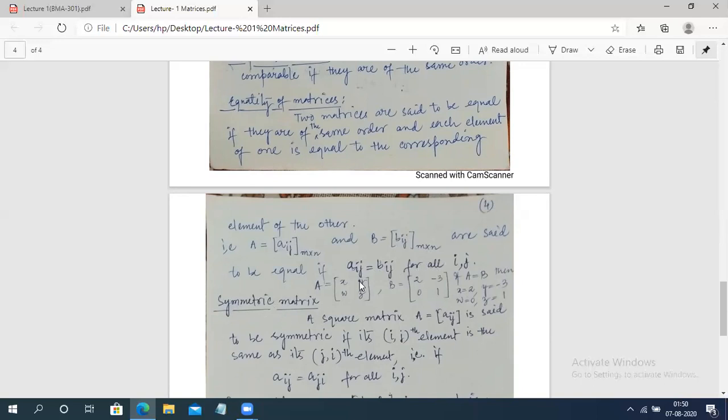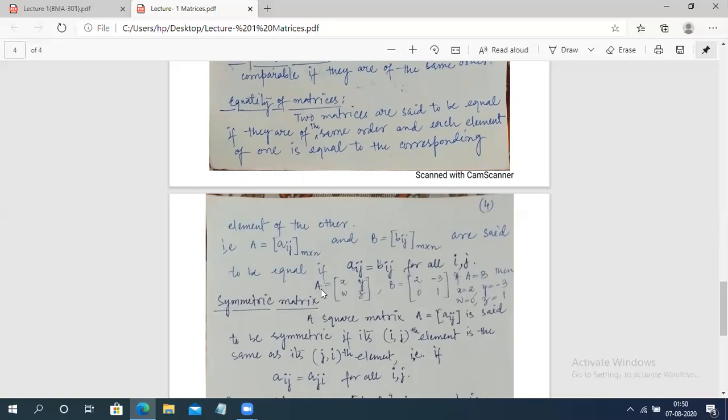For example, if A is a matrix of order 2 by 2, with elements x, y, w, z, and B is another matrix of the same order, that is again 2 by 2 order का matrix है और इसके elements हैं 2, minus 3, 0 and 1.